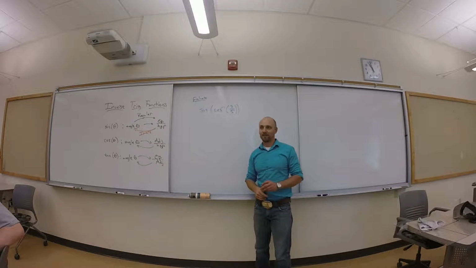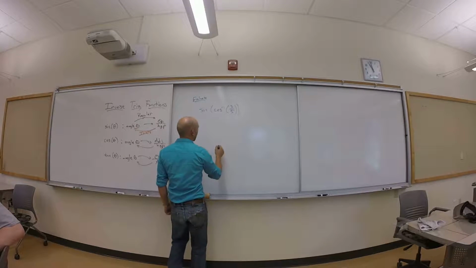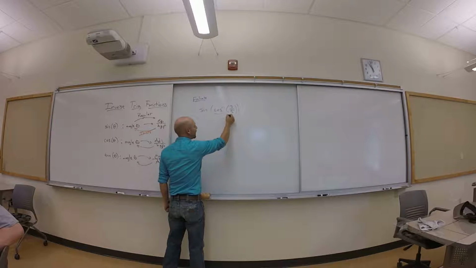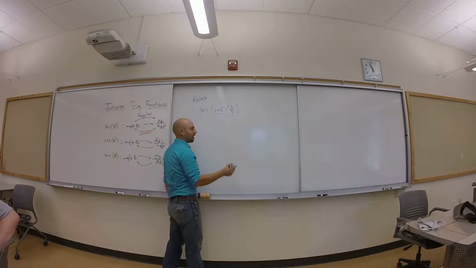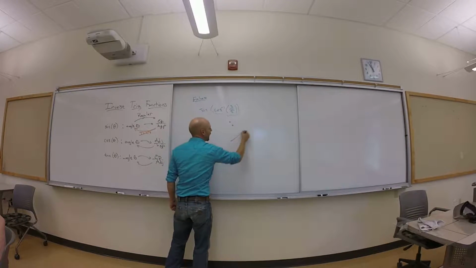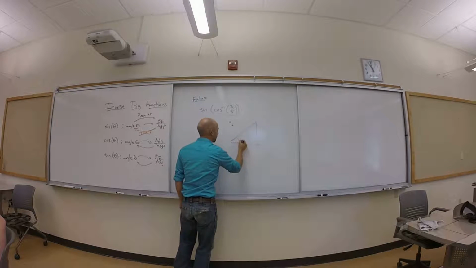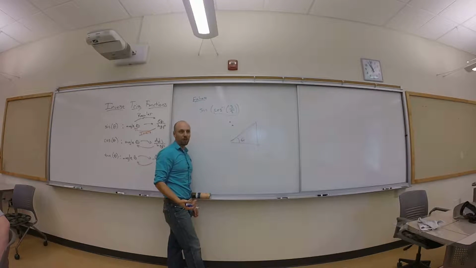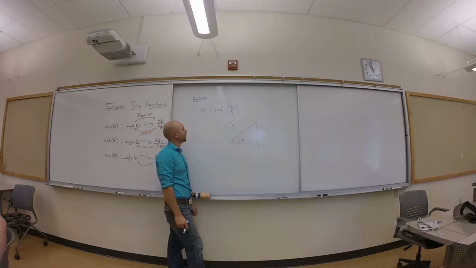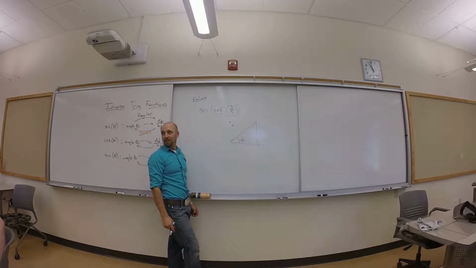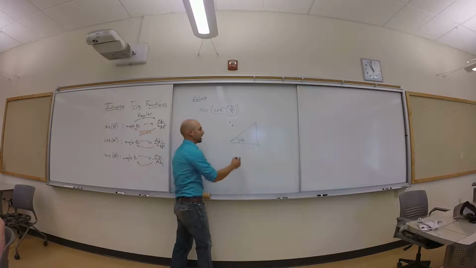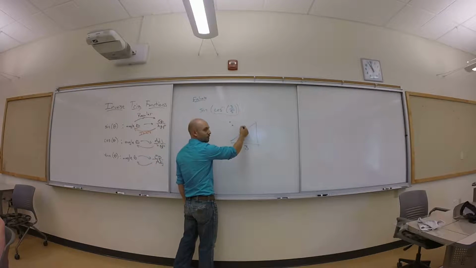Draw a picture. Good. So when I see cosine inverse, I'm thinking, okay, there's some angle, right? I'm going to call it theta for kicks. And what do I know about theta? The adjacent side's 3, and the hypotenuse is 5.